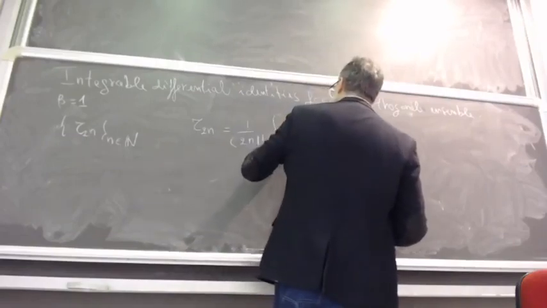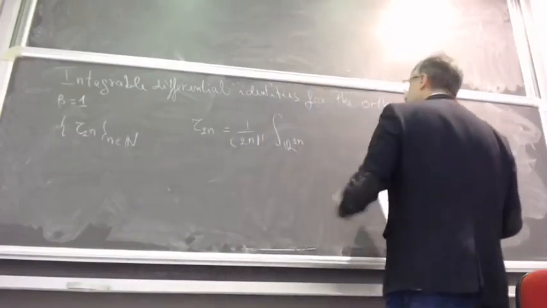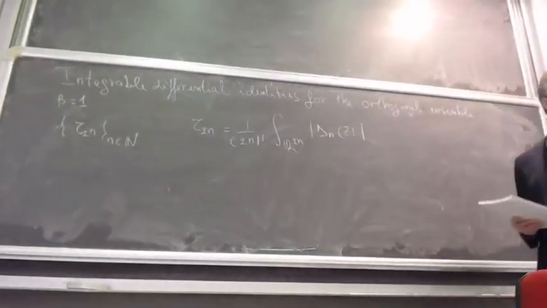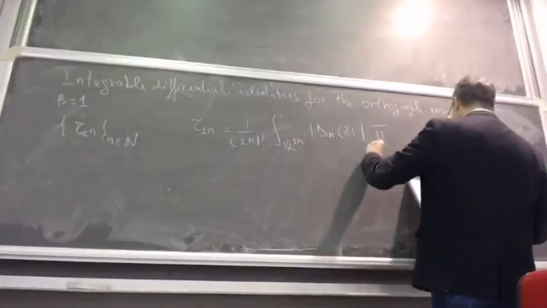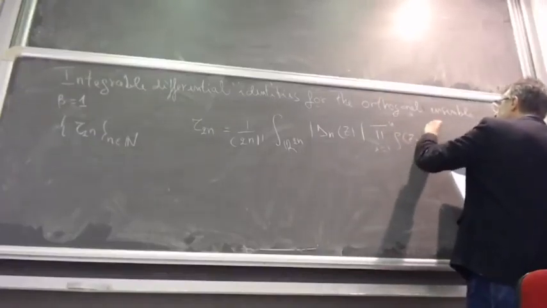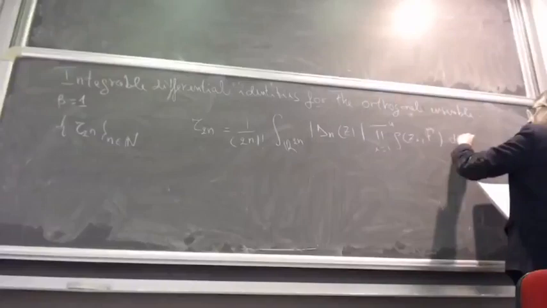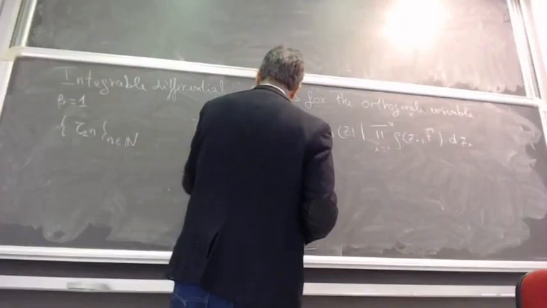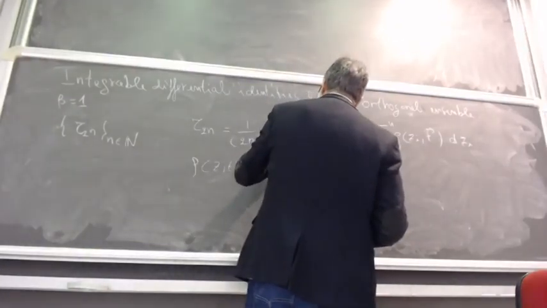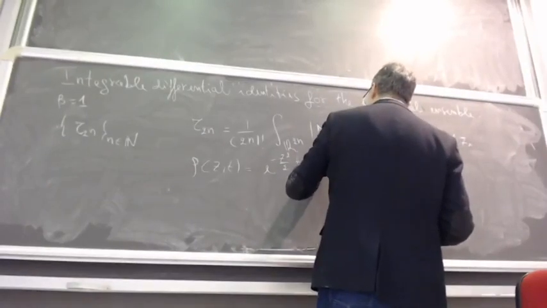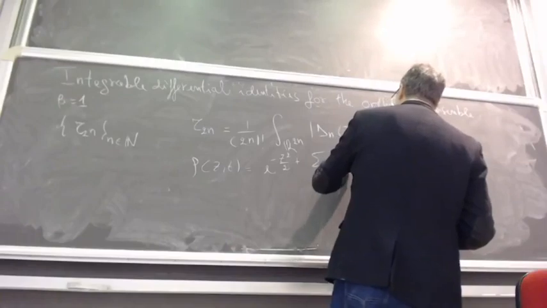Integral over R^2n, and now we have the modulus of the Vandermonde determinant, and the product where i goes from 1 to 2n of rho(z_i, t) dz_i, where rho is defined in the usual way, exponential of minus z squared divided by 2 times the sum over k larger or equal than 1 of t_k z to the power k.